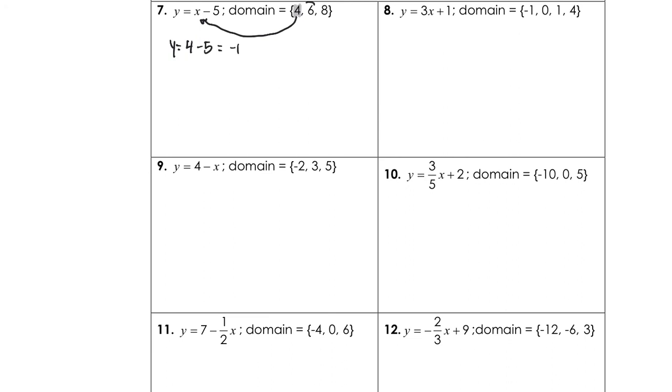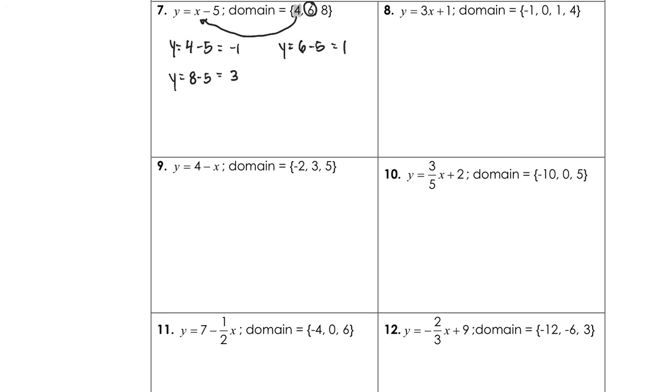And then I'm going to do the same exact thing with 6. So y equals 6 minus 5, and 6 minus 5 equals 1. And then again, I will do that with the value of 8. So 8 minus 5 is equal to 3.